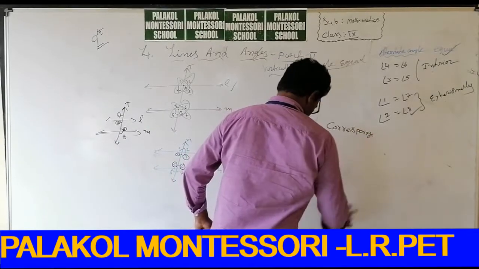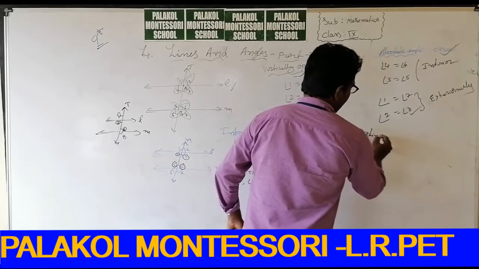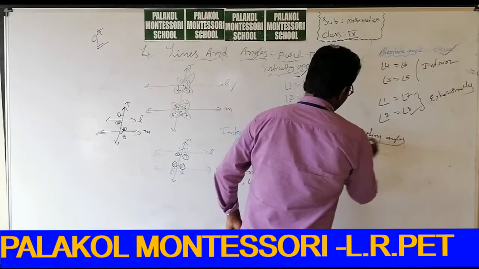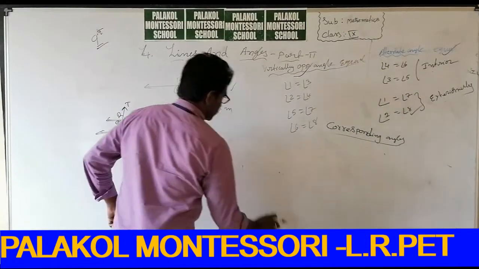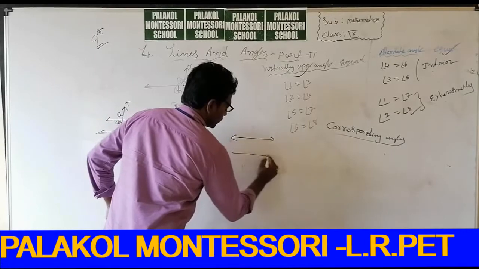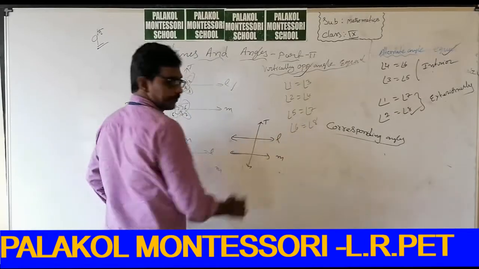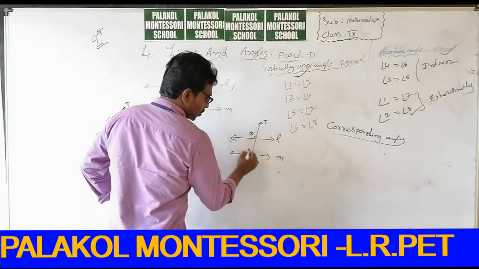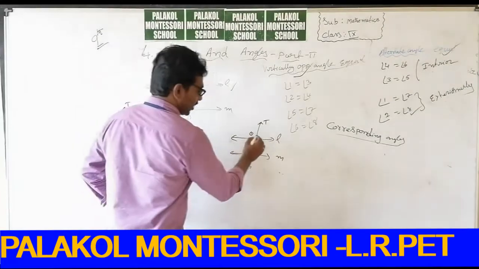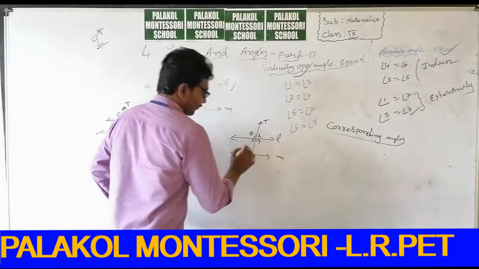Corresponding angles. Please guys, please observe. These are L and M, and I draw the transversal T. Here it makes some angles, angle 1, angle 2, angle 3, angle 4, this is 5.